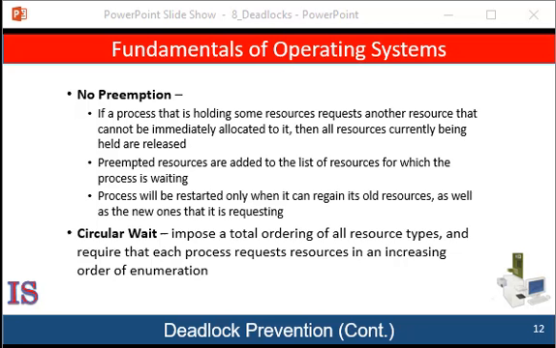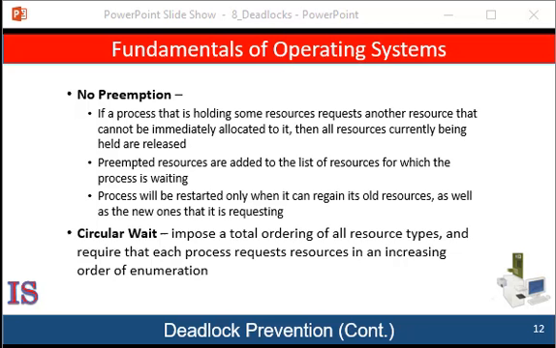Alternatively, if a process requests some resources, we must first check whether they're available. If they are, we allocate them. If they are not, we check whether they are allocated to some other process that is waiting for additional resources. If so, we preempt the desired resources from the waiting process and allocate them to the requesting process.